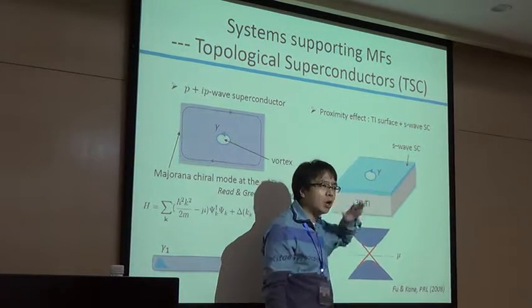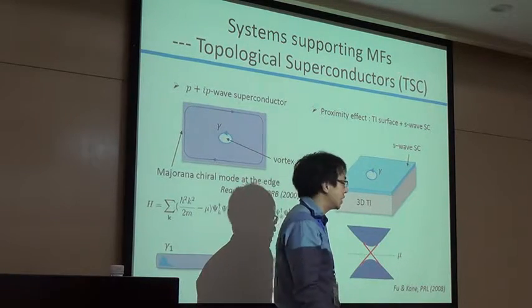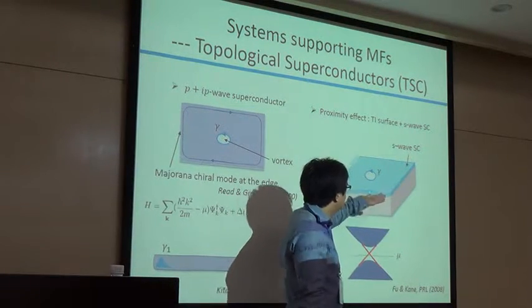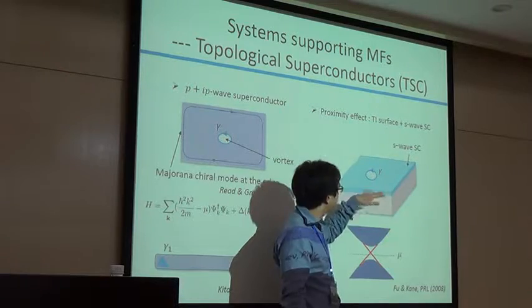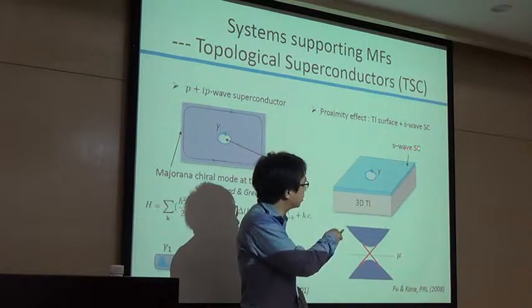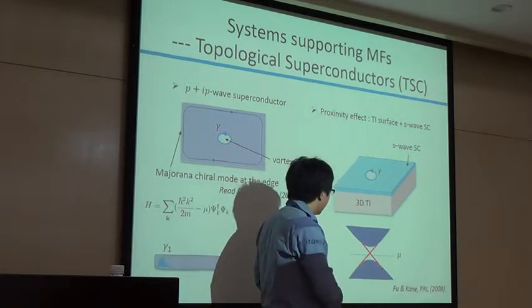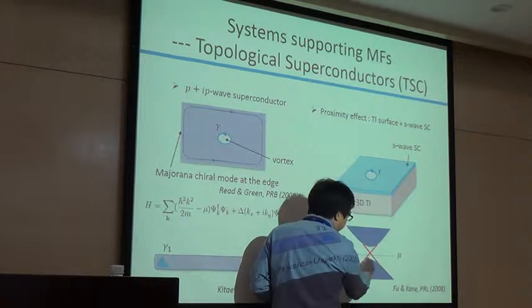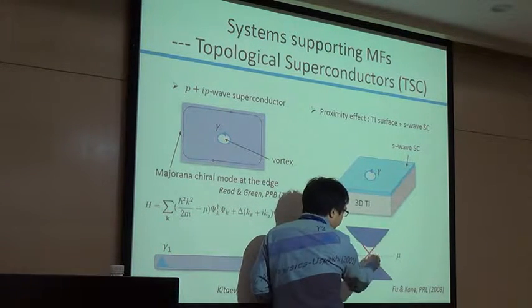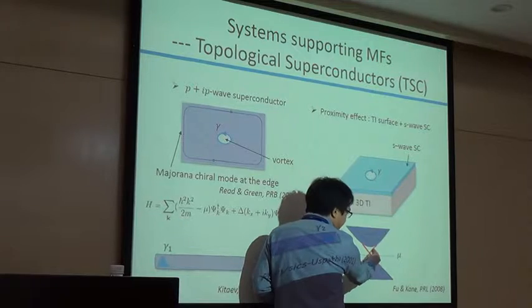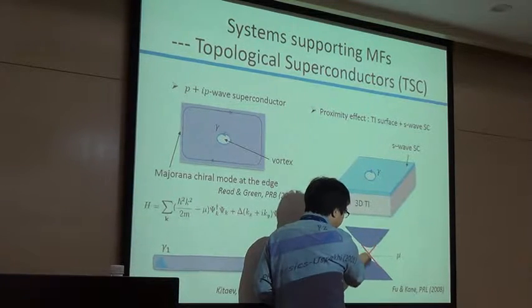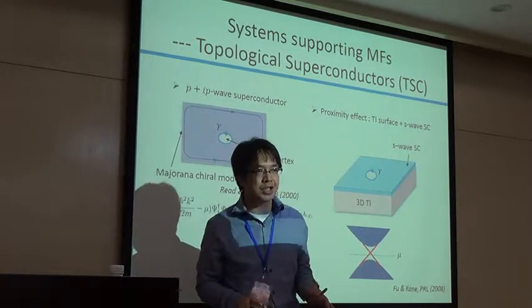But on one side, it's non-degenerate. So what does it mean? Now, if I put a superconductor on top, an ordinary S-wave superconductor on top. So here, for the surface state, you have the spin-up particle. Here, you have the spin-down particle, but it's non-degenerate.